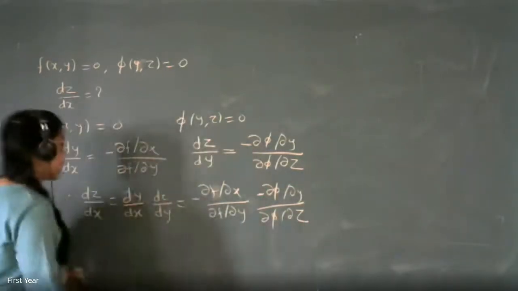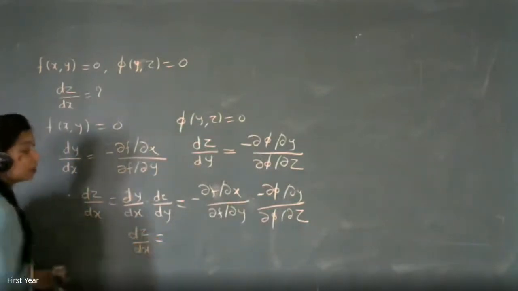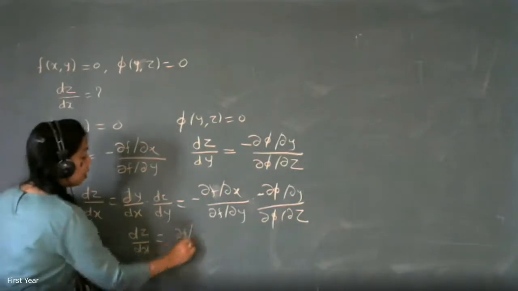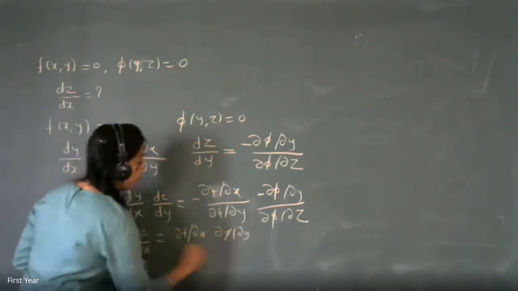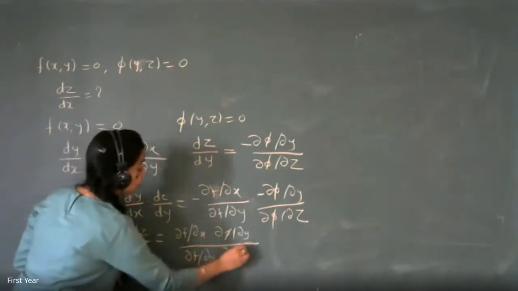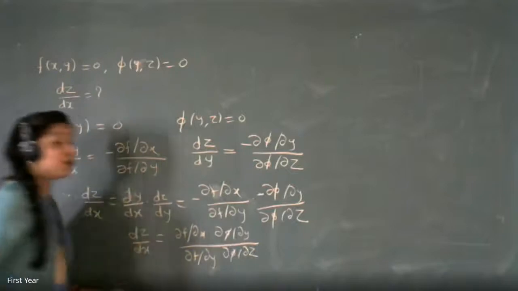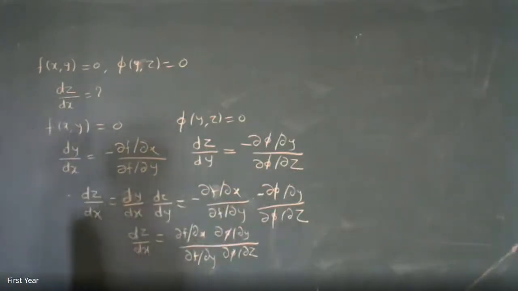So minus minus cancels and therefore your answer for dz by dx is nothing but del f by del x into del phi by del y divided by del f by del y into del phi by del z. This is multiplication. Here we are not operating. This is pure multiplication. Is this okay?